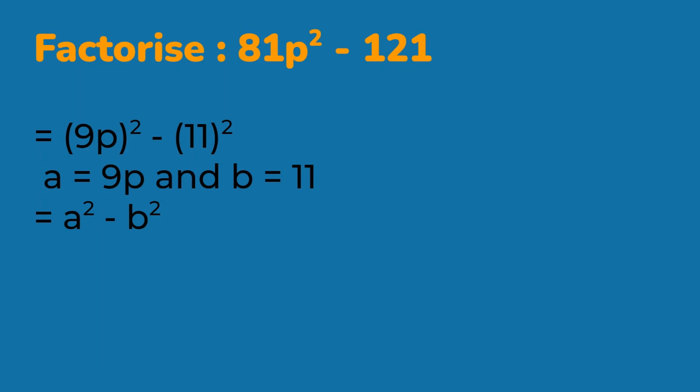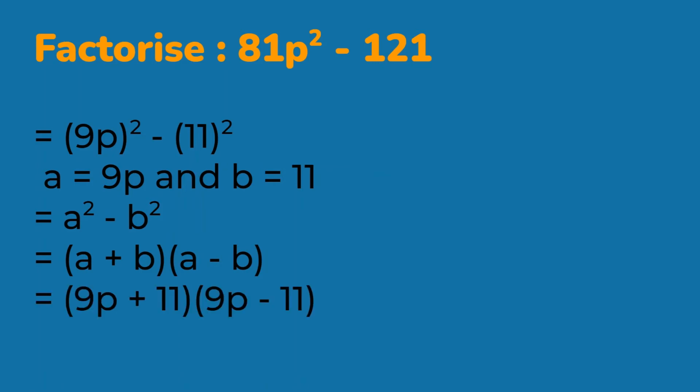So we will get a squared minus b squared. We have already seen that a squared minus b squared is nothing but (a plus b) into (a minus b). So when we replace the values, we'll get (9p plus 11) multiplied by (9p minus 11).